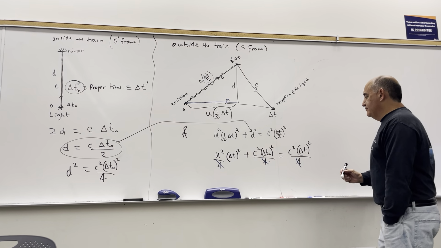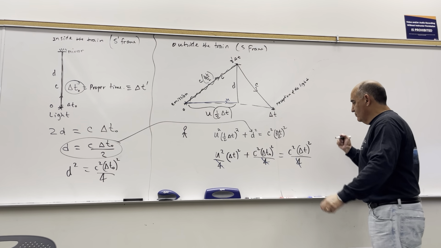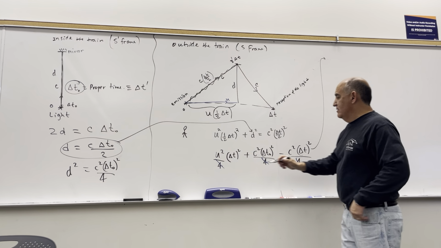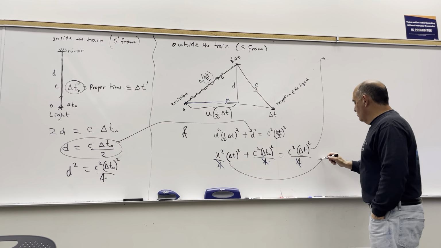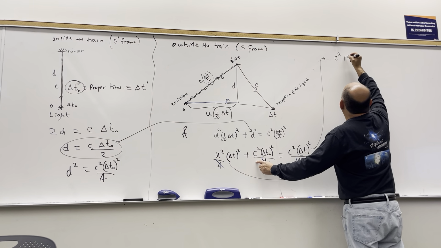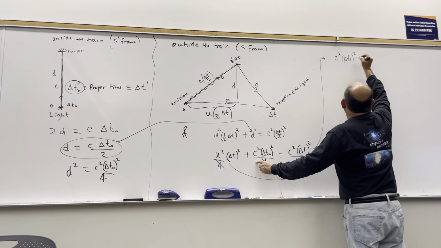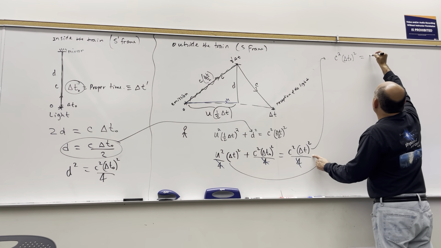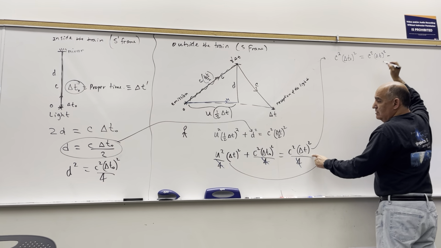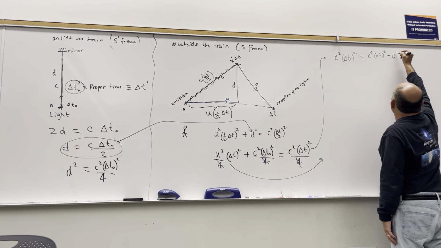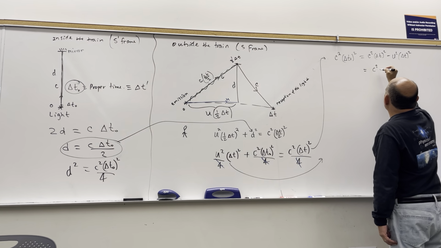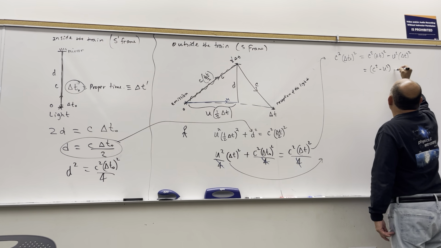Let me bring this term over to this side. So I'm going to get c squared delta t naught squared equals c squared delta t squared minus u squared, the same delta t squared. So I can factor out the delta t squared. So this is c squared minus u squared times delta t squared.